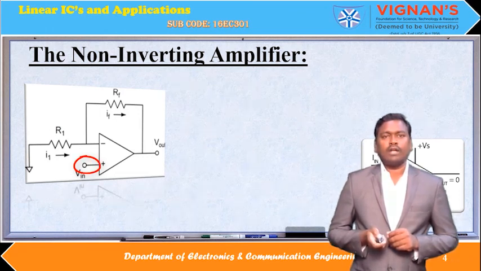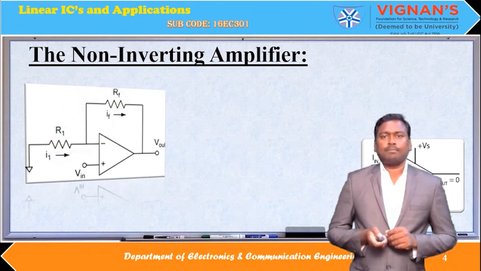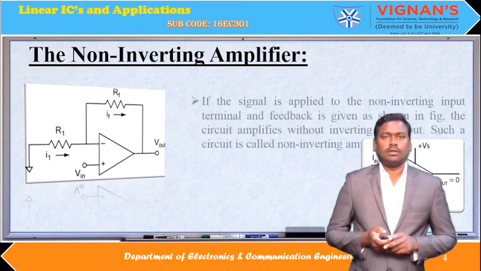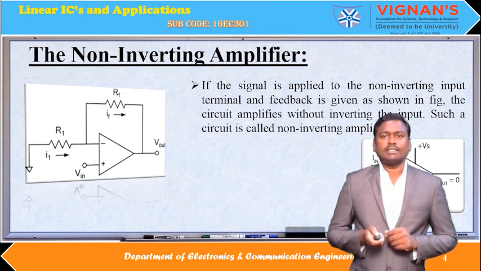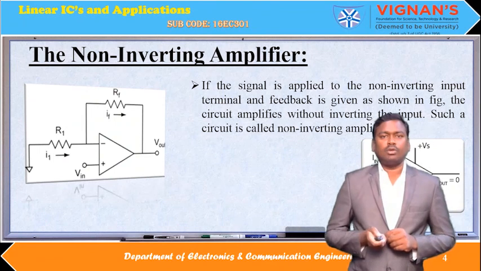By using RF and R1, the feedback is provided from output to the input terminal of the op-amp. If the signal is applied to the non-inverting terminal and feedback is given as shown in the figure, the circuit amplifies without inverting the input. Such a circuit is called a non-inverting amplifier.